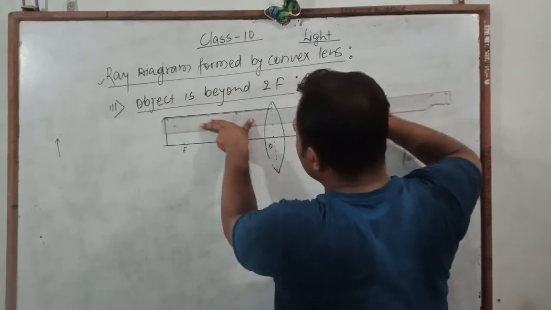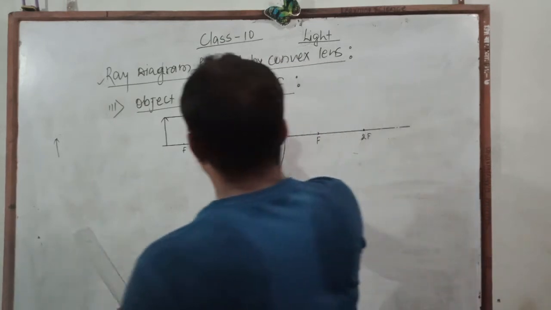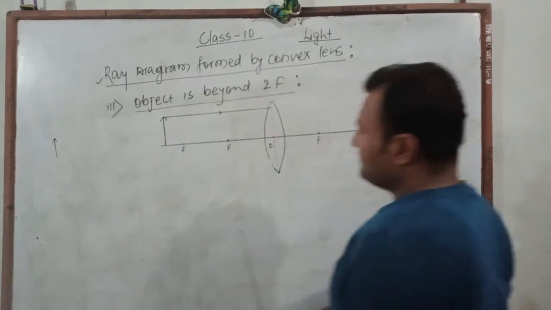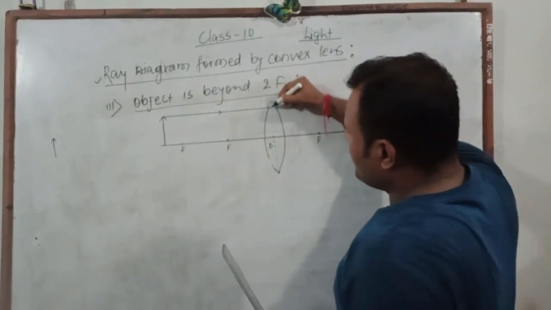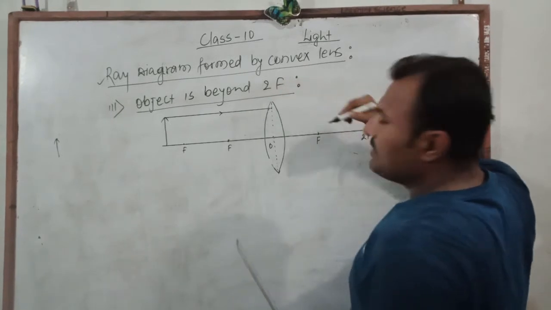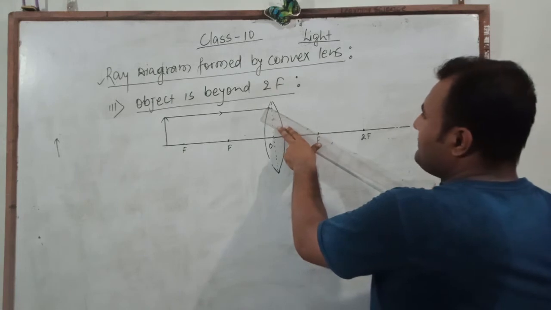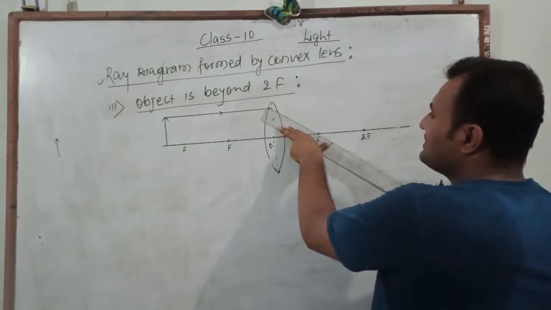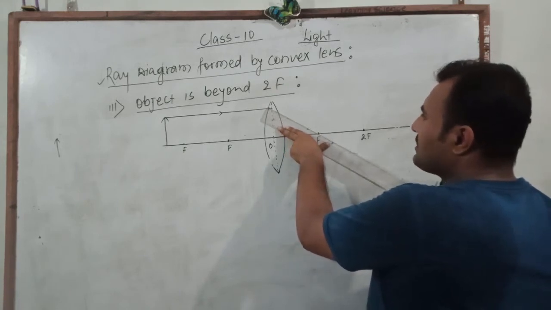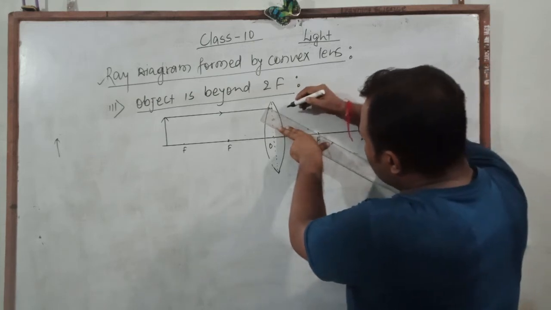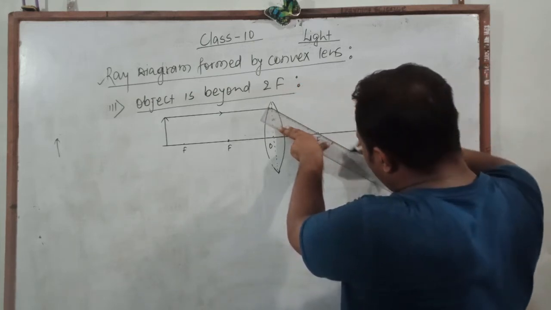Here we draw one ray of light parallel to the principal axis, and that ray of light passes through f according to the rule. Why? Because when a ray of light parallel to the principal axis passes through the lens, then it converges at f, and here we draw f.